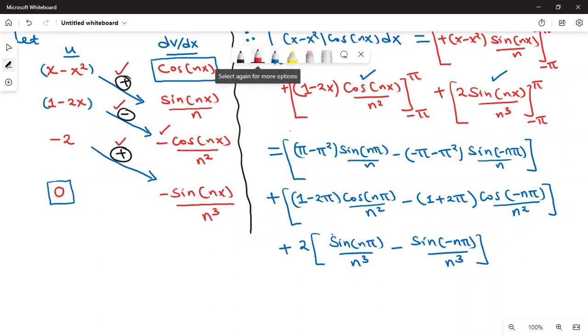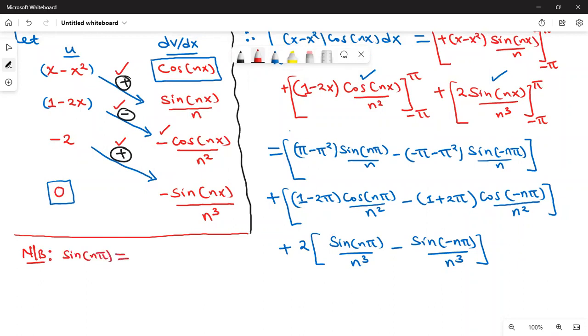I want us to take note that sine of negative n pi is the same as negative sine n pi.